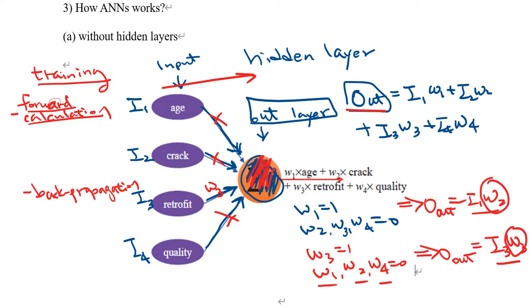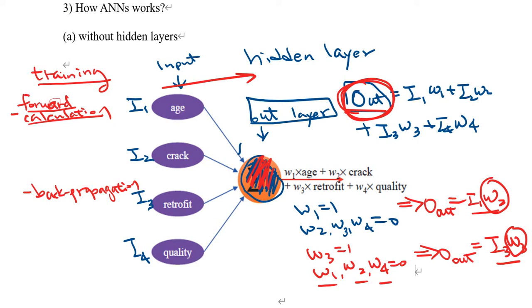Since we don't know W1 through W4, we just assign the weights randomly.